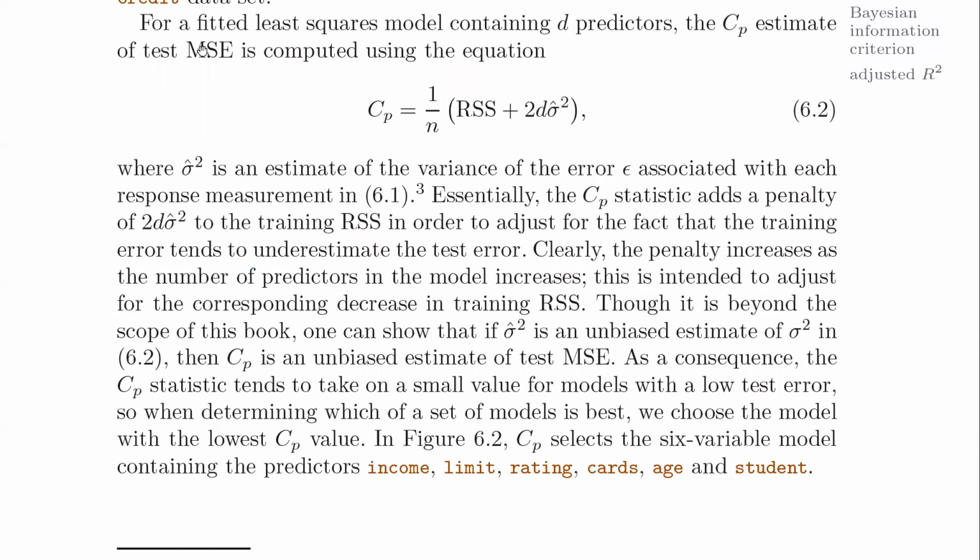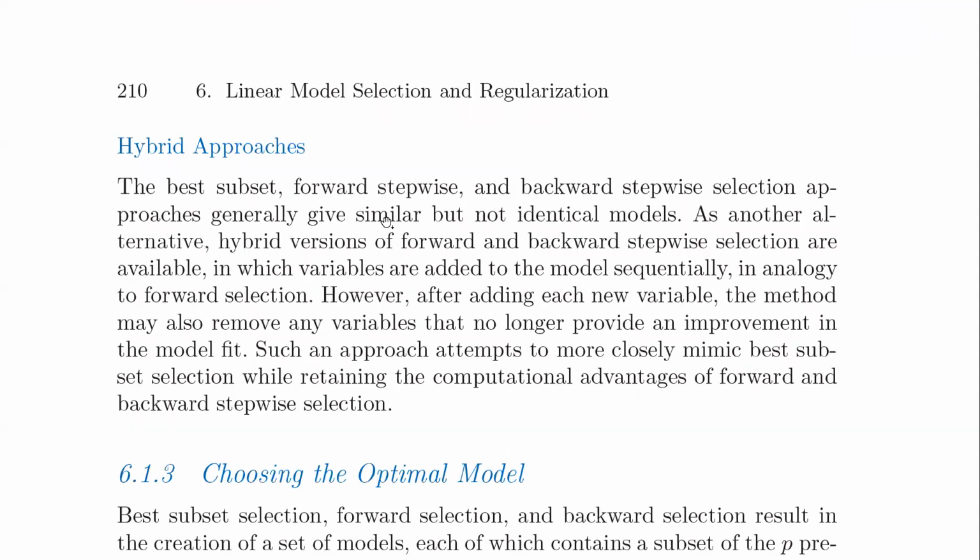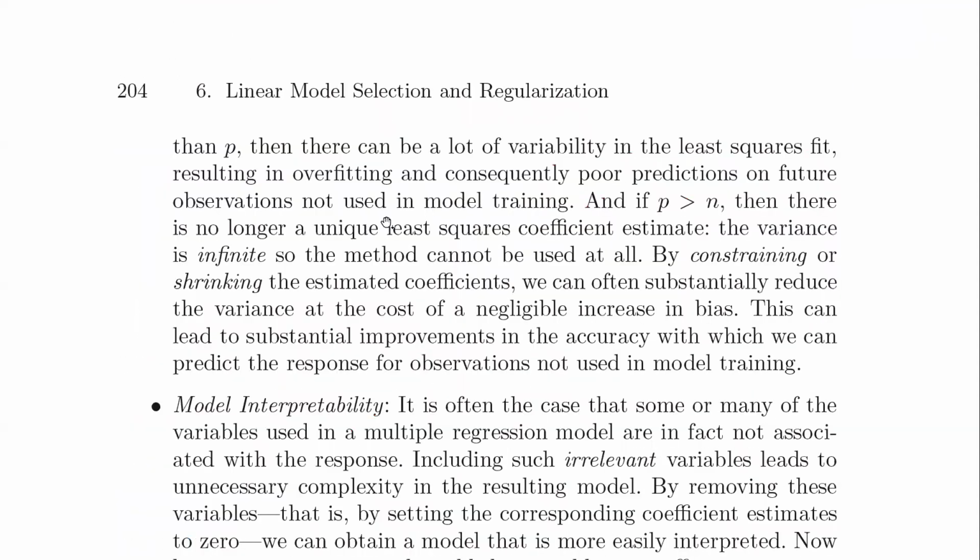The CP estimate of test MSE is computed using the formula CP is equal to 1 over n times RSS plus 2D sigma hat squared, where sigma hat squared is an estimate of the variance of the error term, epsilon, associated with each response measurement in 6.1.